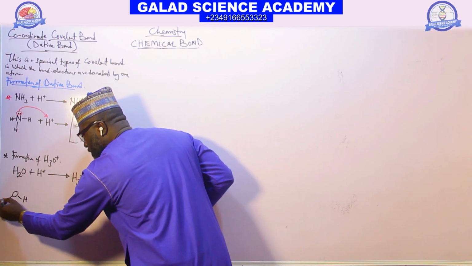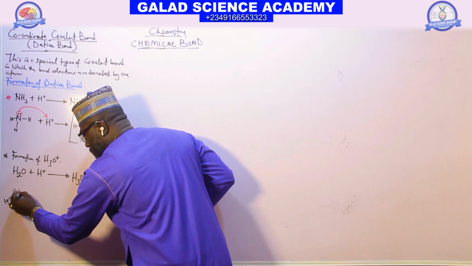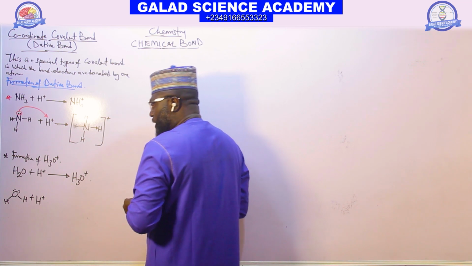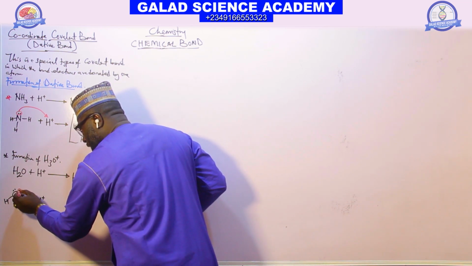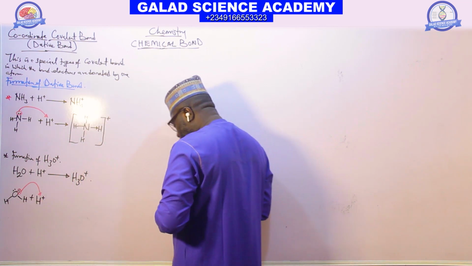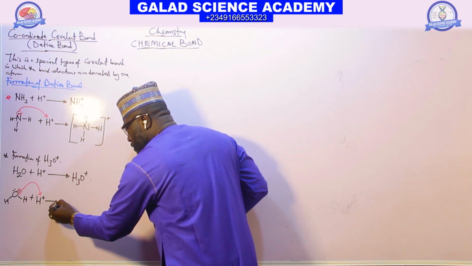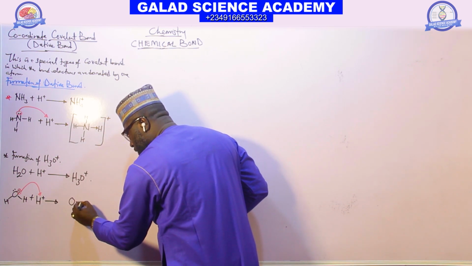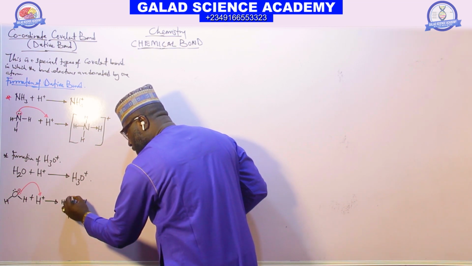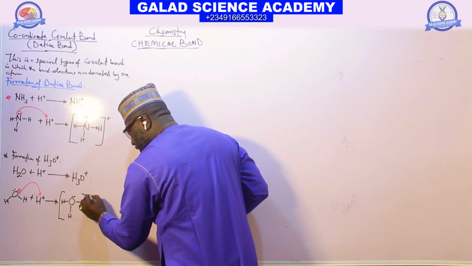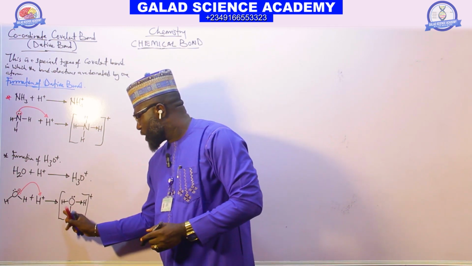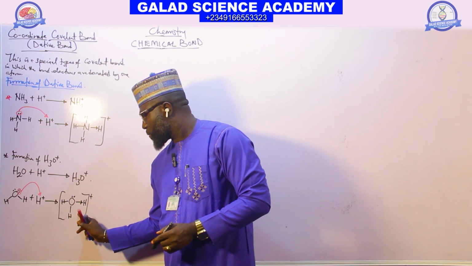We have H, lone pair, plus this empty hydrogen ion. What will happen there? This lone pair will be shared with the hydrogen, and we are going to have this kind of structure. This is the lone pair electron. This is a normal bond. The other lone pair remains here. This is the structure of the hydronium ion. Here we have two covalent bonds and one dative bond.